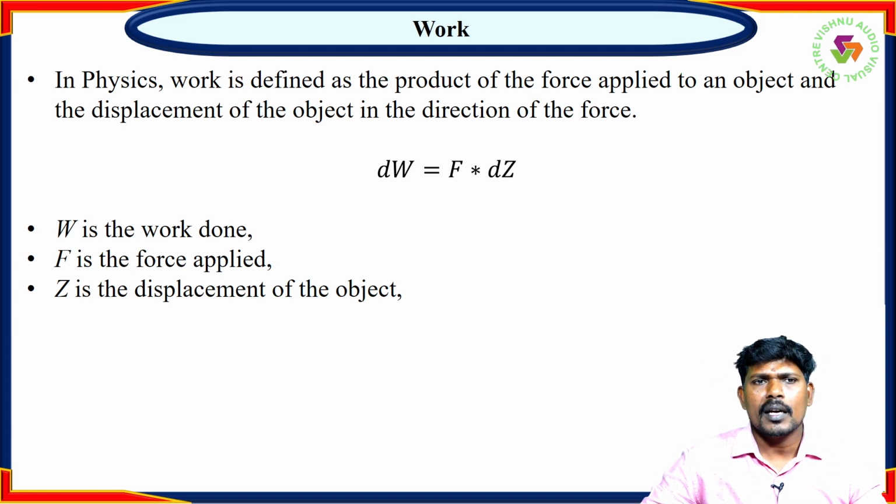So the work is defined as the product of the force applied to an object and the displacement of the object in the direction of the force. The formula for that is dW equals F into dz. This is the definition according to physics.